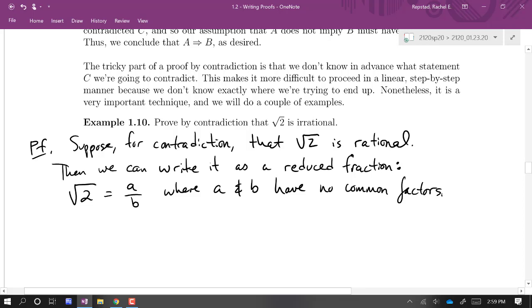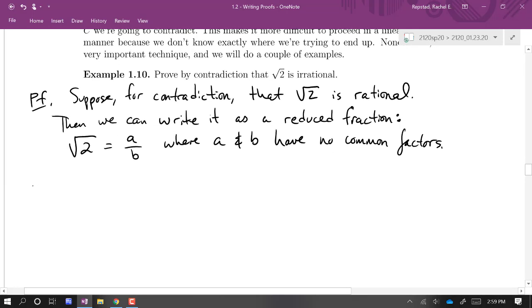So that's part of our assumption: a and b don't have any common factors. Okay, now let's do some stuff. Well, we could write, now let's do something. That would be acceptable.